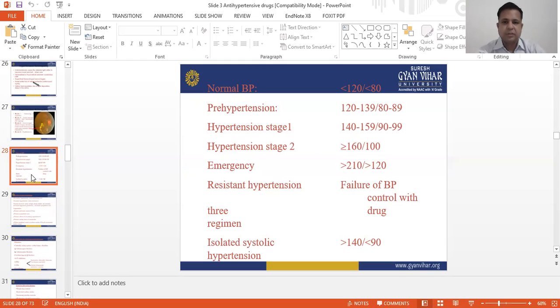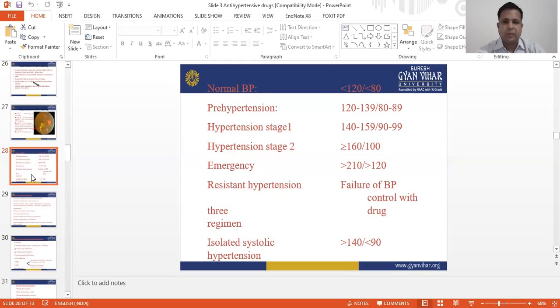At hypertension stage 1, the blood pressure would be between 140 to 159 systolic pressure and 90 to 99 diastolic pressure.